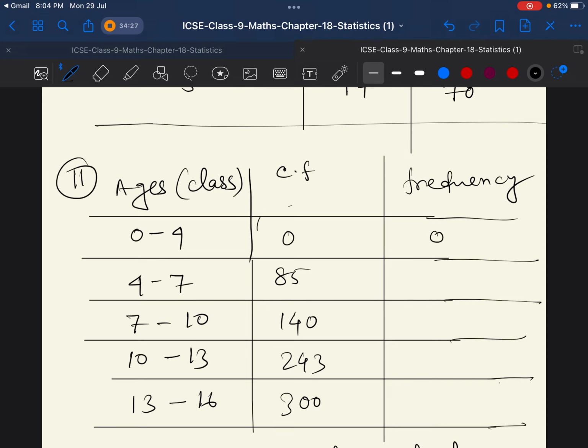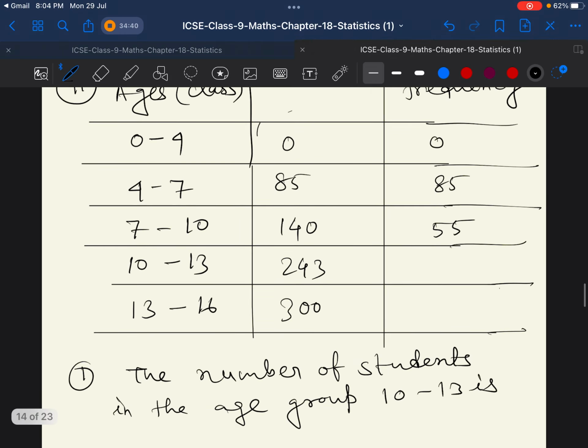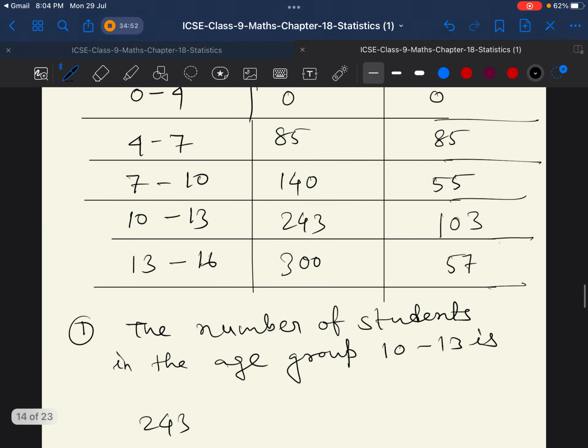So first we write here 0, then subtract 0 from 85, this will be 85, 140 minus 85 will be 55, 243 minus 140 will be 103, 300 minus 243 will be 57.